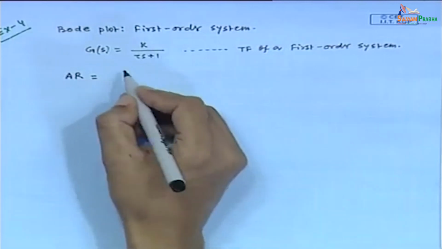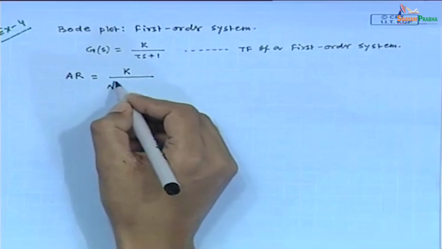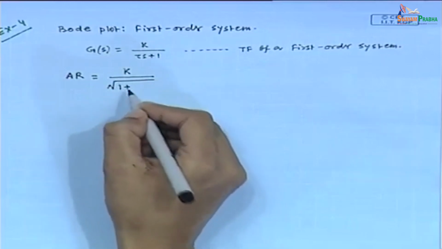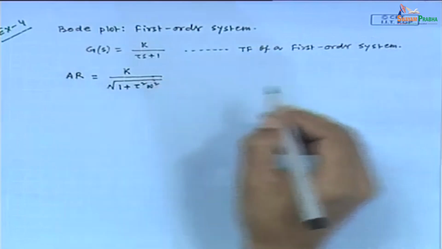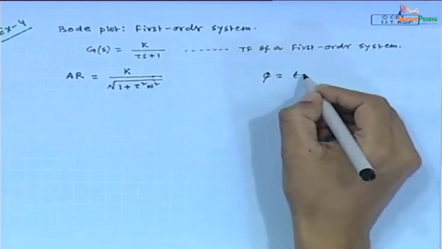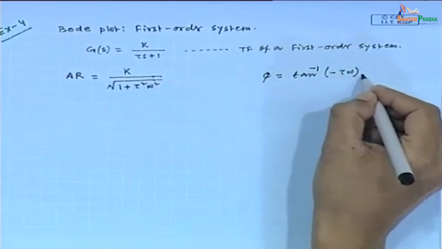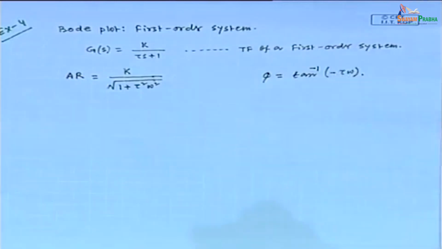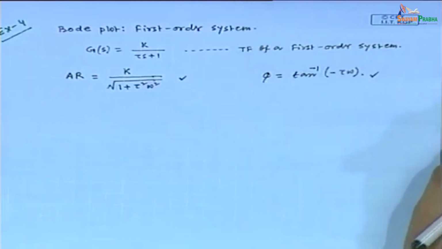There amplitude ratio equals K divided by root over 1 plus tau square omega square, and phase angle phi equals tan inverse of minus tau omega. For a first order system, this is the expression for amplitude ratio and this is the expression for phase angle.